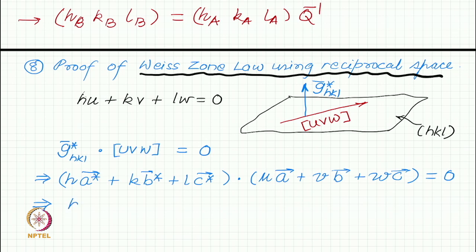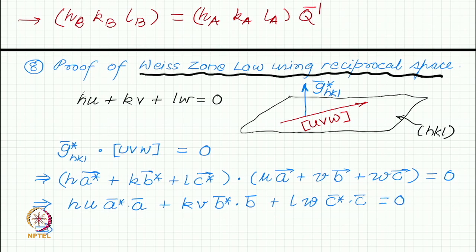So, this gives you then only H u A star dot A, K V B star dot B, plus L W C star dot C. Other terms are 0 and these terms also are just 1.